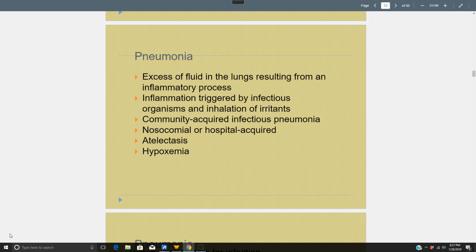Many times they'll have chest x-rays, blood cultures. We'll check a C&S of the sputum to determine the exact organism. We're going to watch for things like atelectasis and pleural effusion, make sure they have a patent airway, help them with their secretions, humidity, encouraging rest, proper nutrition, and fluid intake, okay?